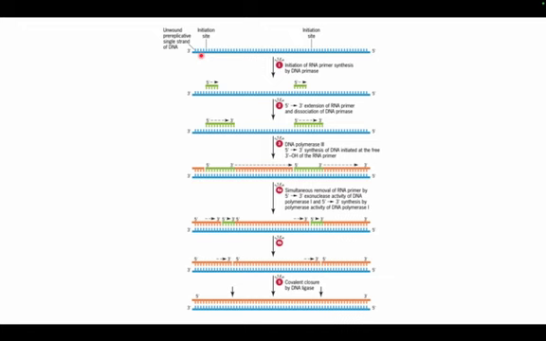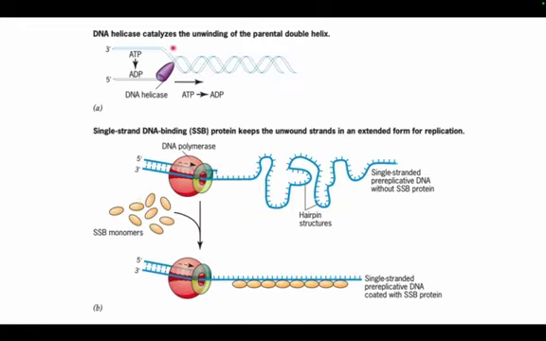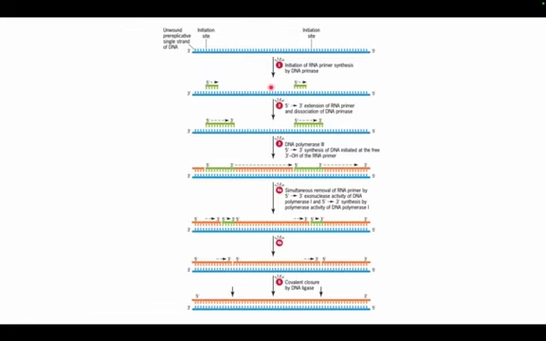And once we have gone through this process and unwound two DNA strands, made sure we've gotten a nice single strand to act as our template, what happens is these initiation sites are recognized by another enzyme called DNA primase.